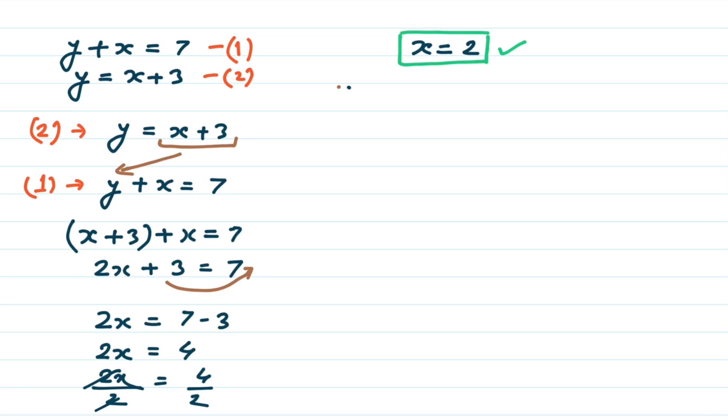Now let's begin with the second equation, which is y is equal to x plus 3. I'm going to put this value of x here. So this is going to be y equals 2 plus 3.